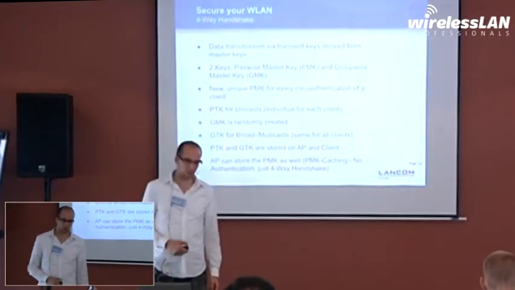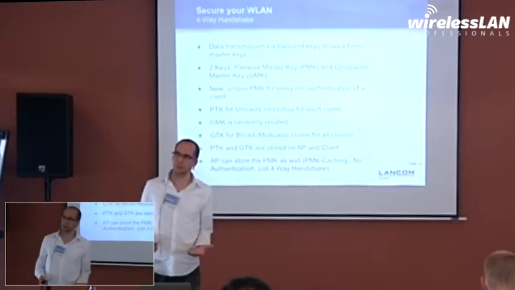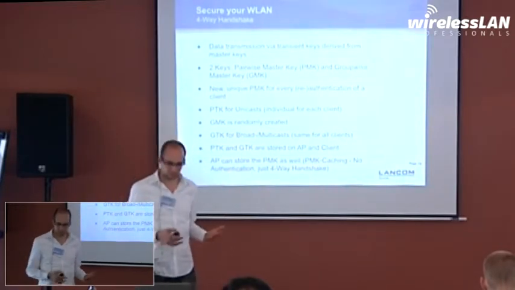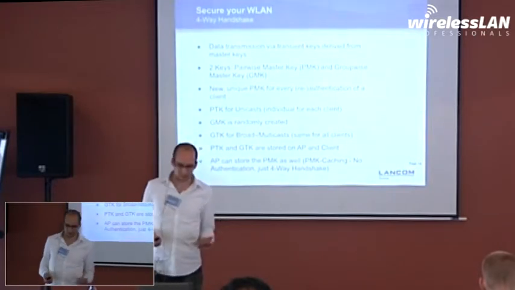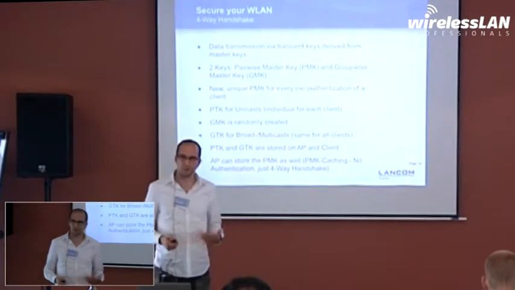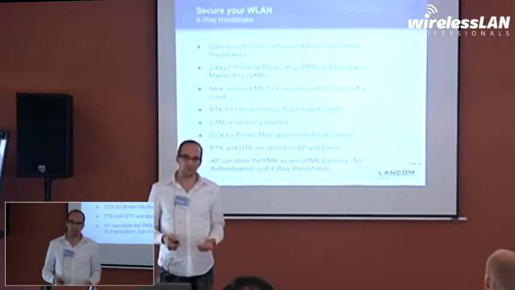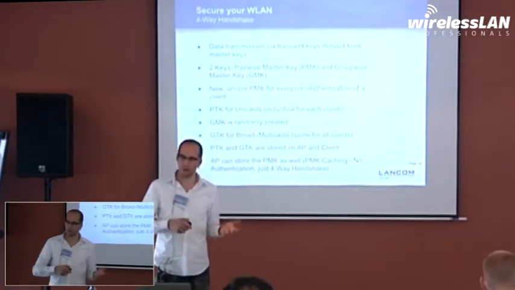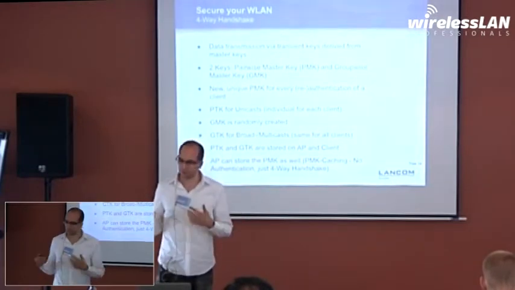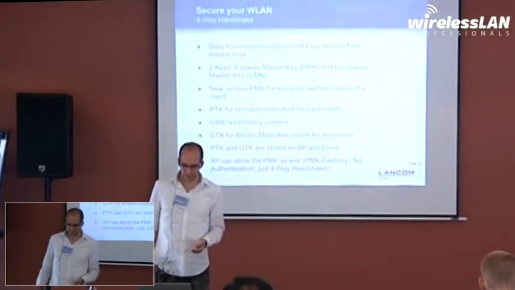So if you take a look at this four-way handshake in more detail, we can see that the data transmission a client and an AP are doing is based on so-called transient or temporal keys, which are derived from a master key. These two keys are called pairwise master key and groupwise master key. PMK is unique for every authentication. So each time a client authenticates to an AP, maybe it's just initially connecting or it's roaming, you have to generate a new PMK.